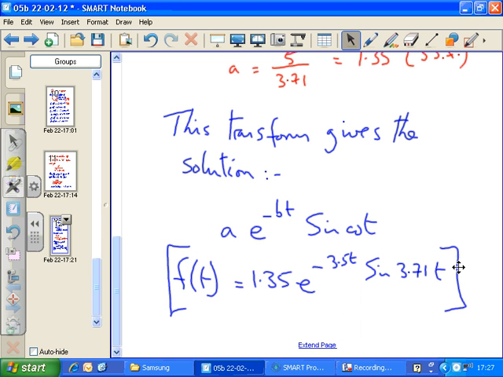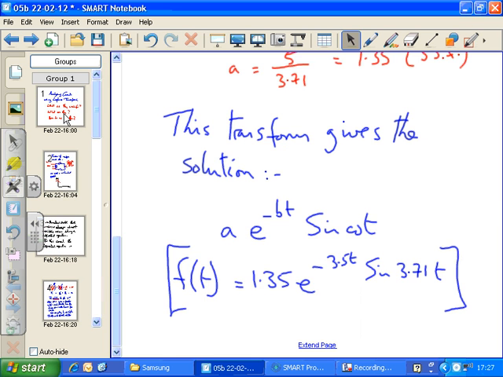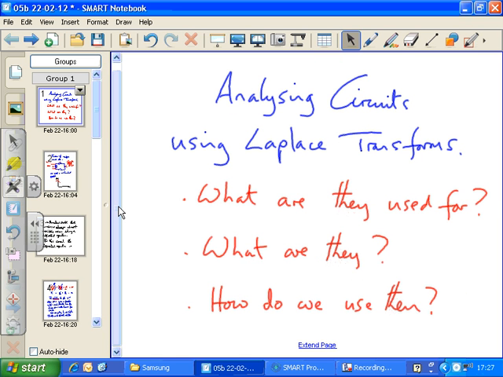So let's finally just quickly recap. Analysing circuits using Laplace transforms. So, Andy, what are Laplace transforms used for?